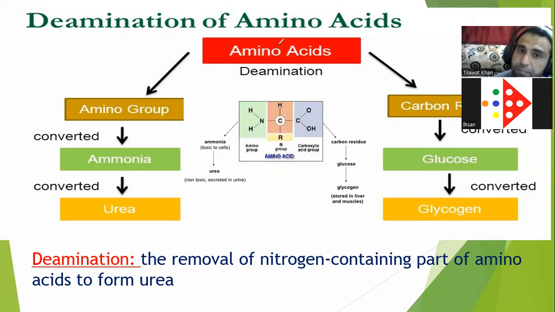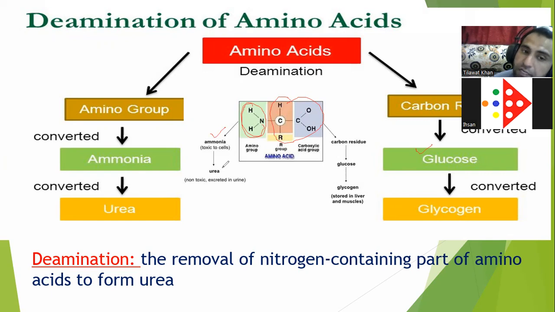Now, this part of the amino acid is important. This part will convert into glucose. You got it? While this amino group is toxic, your liver will convert it into ammonia, and then it will be converted into urea.